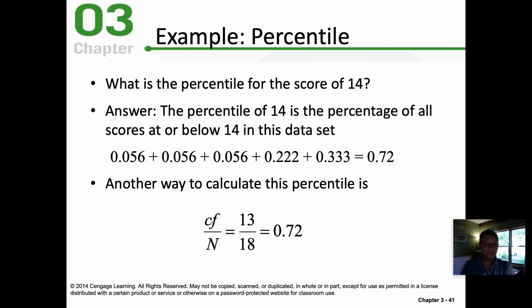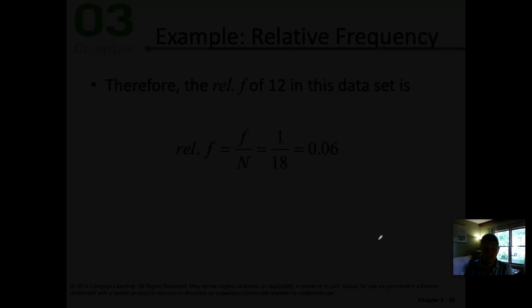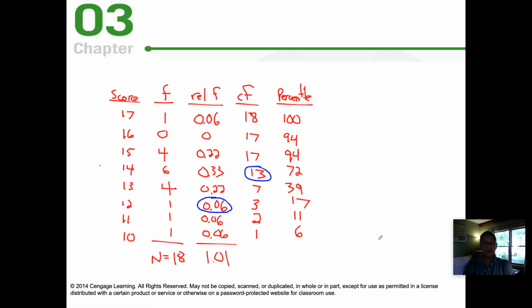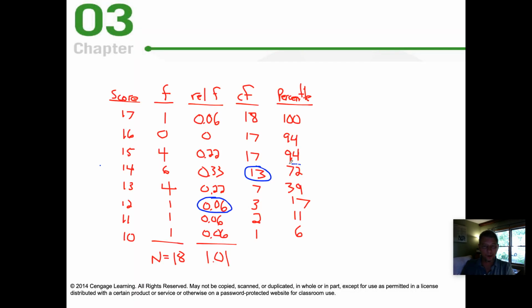So here's the cumulative frequency that we calculated in the previous slide, 13 divided by n, which is 18. And so this is the percentile. Remember that you have to multiply this by 100. So the cumulative proportion is 0.72, and the percentile is 72. Now let's go back and look at this. Here's 14. The cumulative frequency is 13 divided by 18, which gives me 0.72, times 100 is 72. That's the same number as well.